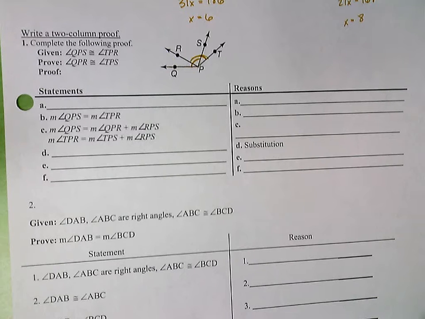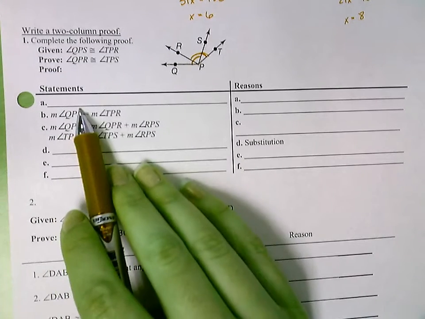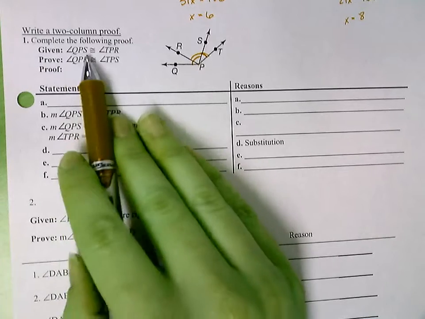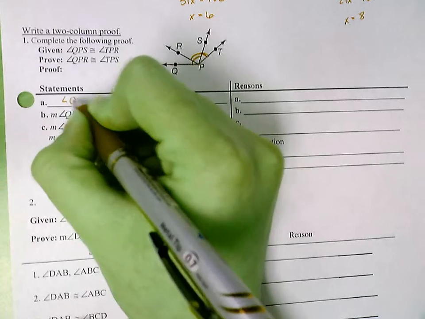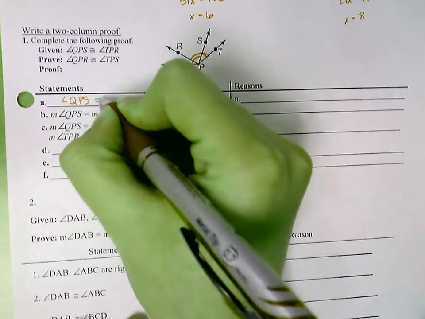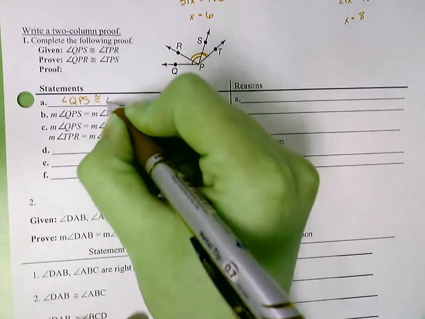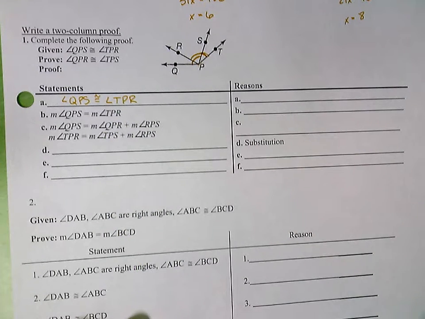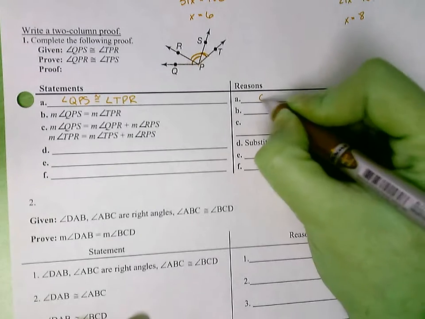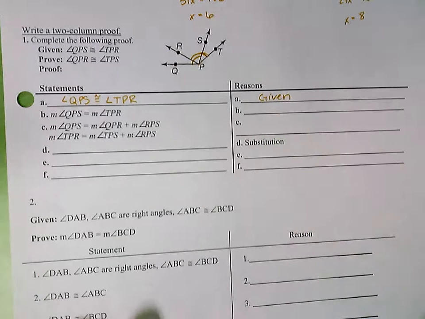Starting out here, our first statement is always our given. So we have angle QPS congruent to angle TPR, and your reason for writing that statement is that it was given to you.